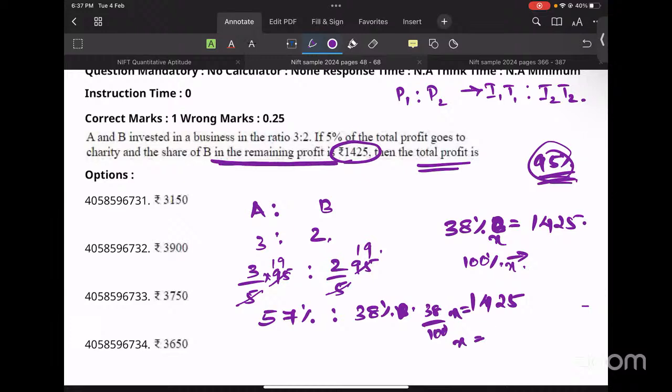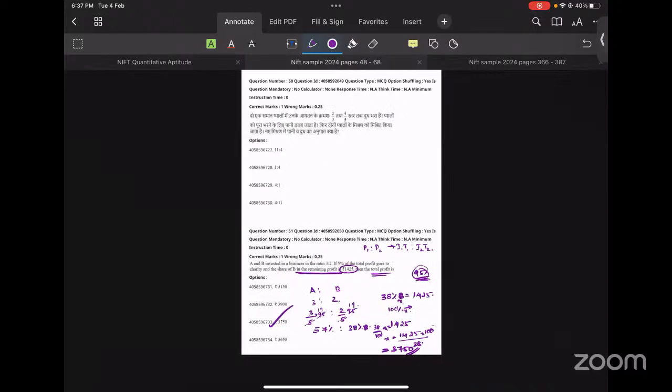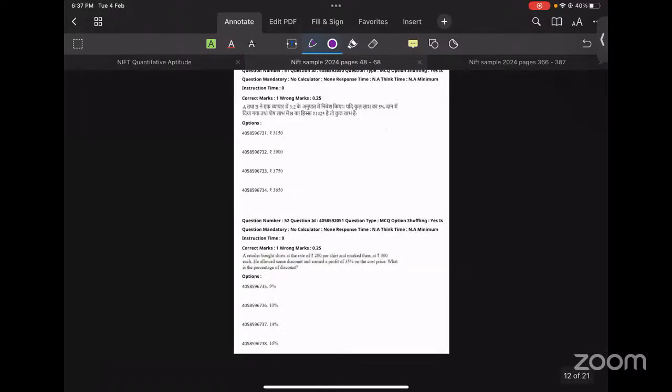So x equals 1425 into 100 by 38. So that is equal to 3750. Okay, over here is the right answer. So we got the value of X, then the total profit we got. So now we will be looking at the next question.